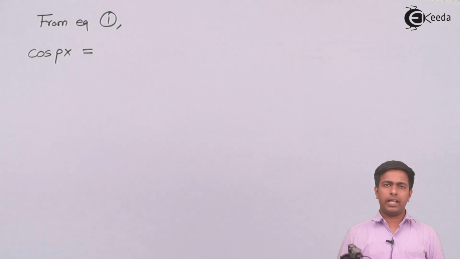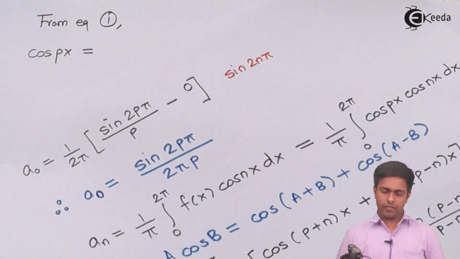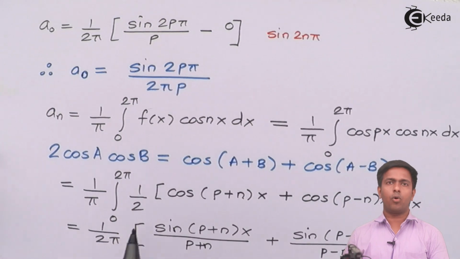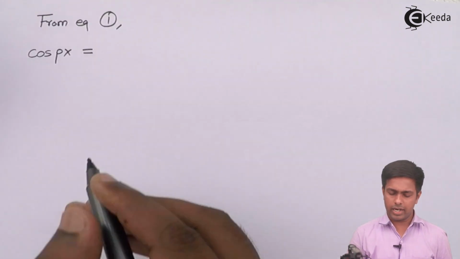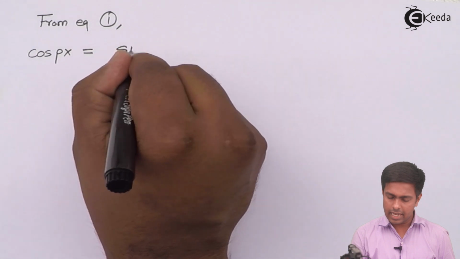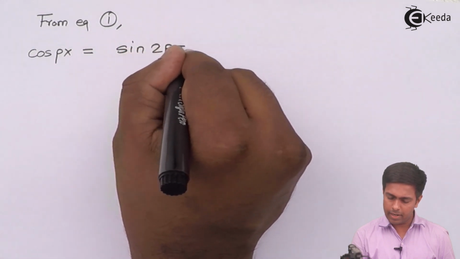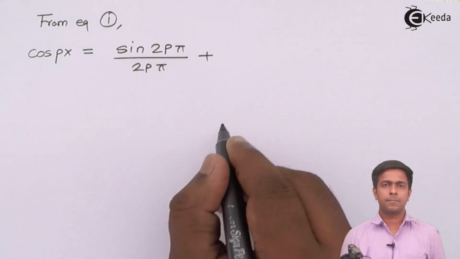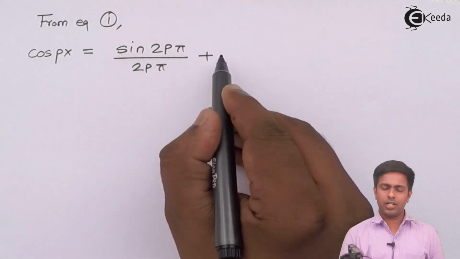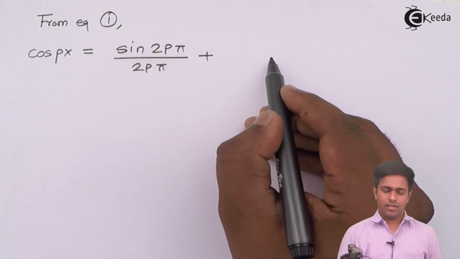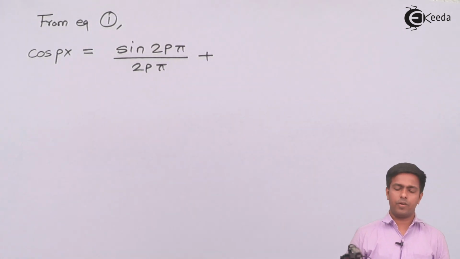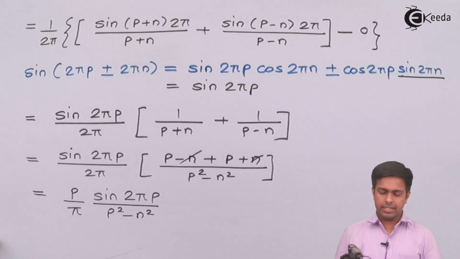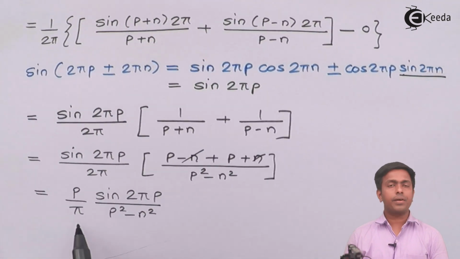So the value of a naught is sine of 2p pi upon 2p pi, plus, now summation an. So summation is from n equal to 1 to infinity. What is the value of an? So guys, this is the value of an that we got.